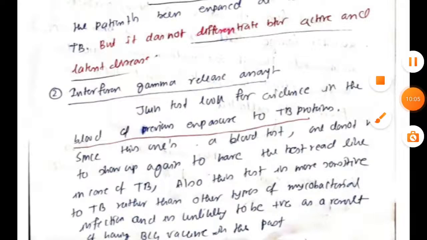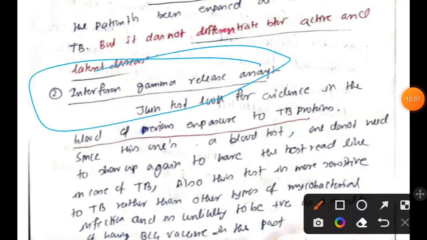Okay, now let's talk about another kind of test, that is the interferon gamma release assay. This assay looks for the previous exposure to TB protein in the blood. So the interferon gamma release assay is an experiment which tries to find out the evidence of previous exposure to TB protein in the blood.